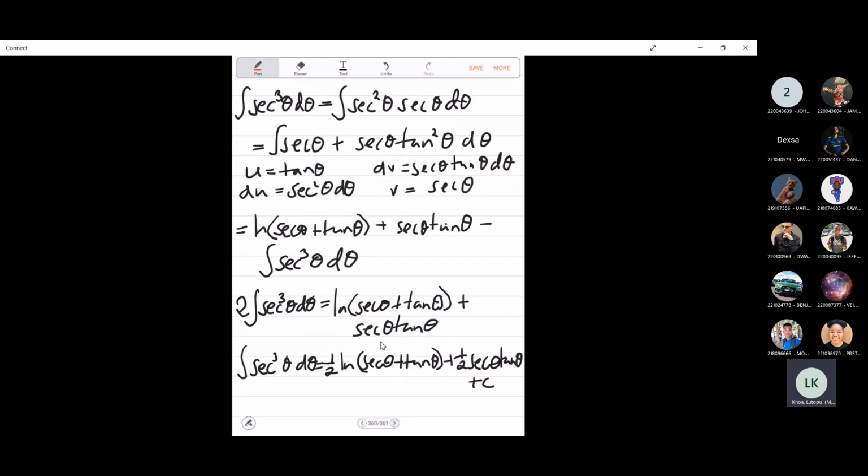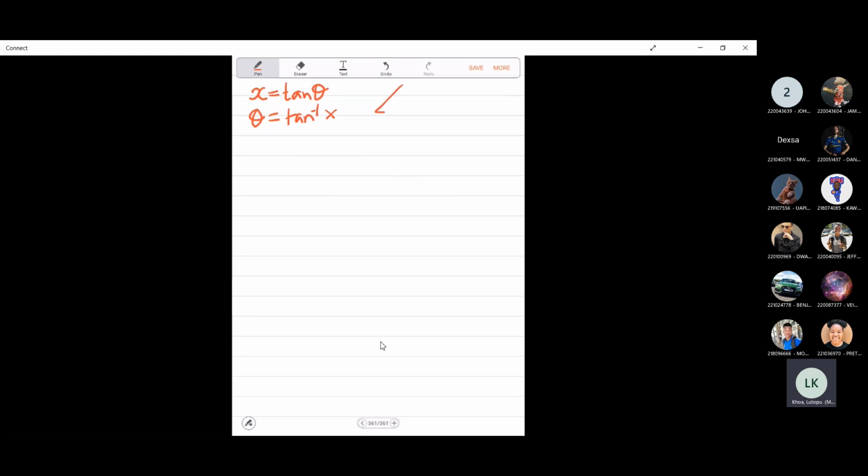So we draw our triangle. So this is our right angle triangle. Put theta over here. And we said that tan theta is x, which is x over 1. So opposite over the adjacent, and this is the square root of 1 plus x squared.